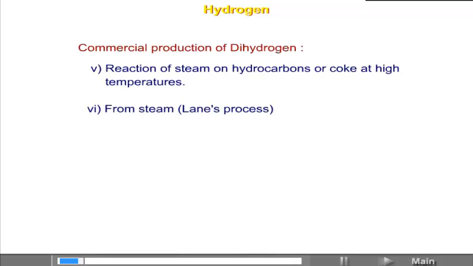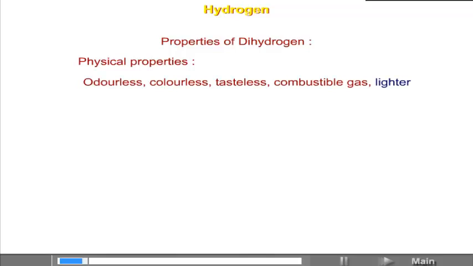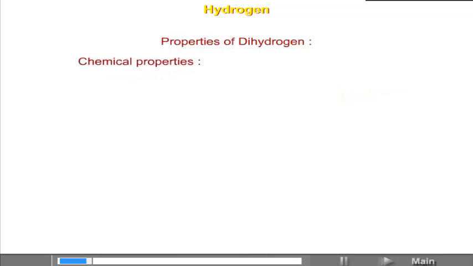Sixth method is from steam, that is the Lane process. Properties of dihydrogen. Physical properties. It is odorless, colorless, tasteless, combustible gas, lighter than air and insoluble in water.